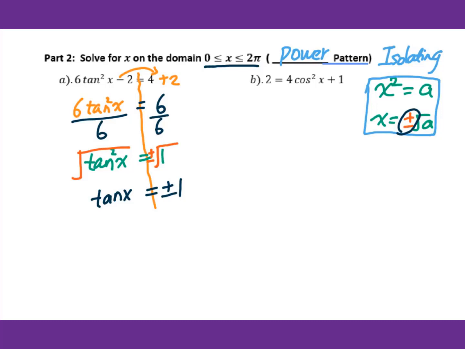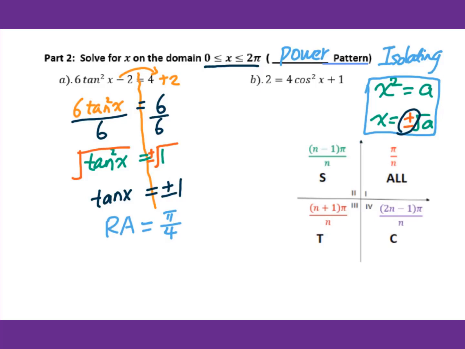Since we got a single trig function equals a constant number, the reference angle is pi over 4. We go to this diagram. Since it is plus or minus 1, which means tangent is positive and also negative, that means all quadrants. Pi over 4 is the reference angle.